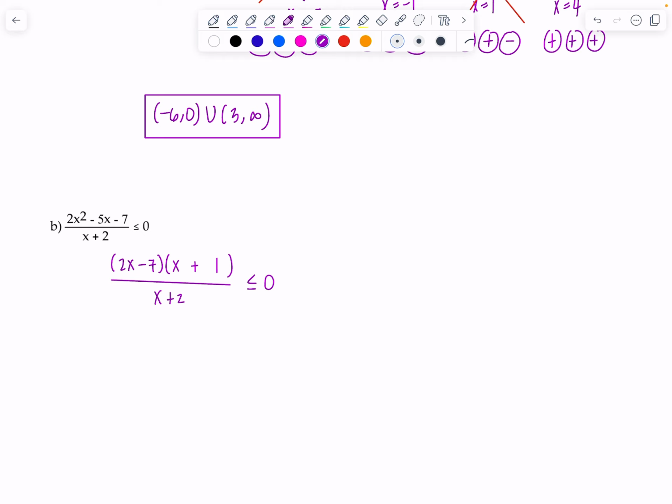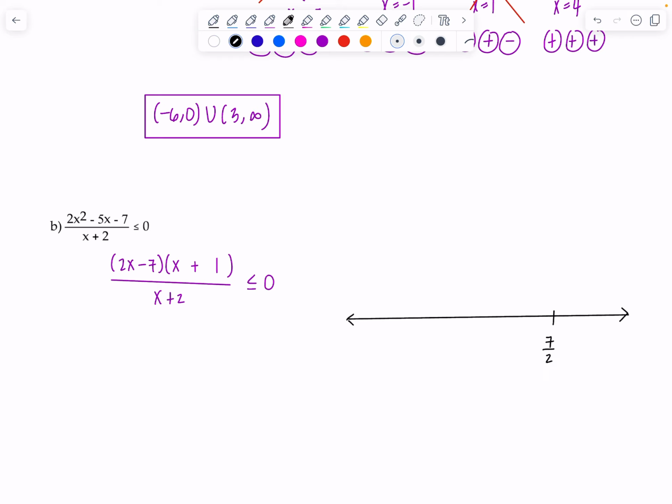Good, so let's list the zeros from the numerator as well as the denominator on the number line, just like we did in the last problem. We do have to be a little careful though, because we're going to have to include some domain restrictions. So from the numerator, 2x minus 7 means x equals 7 halves is a 0. 7 halves, 3.5.